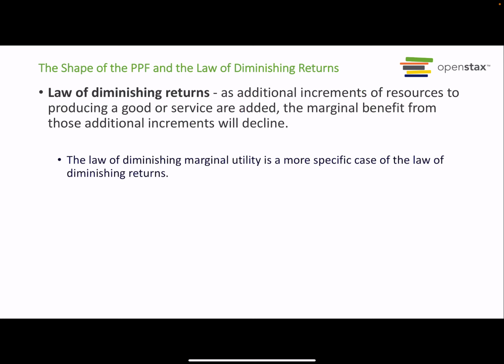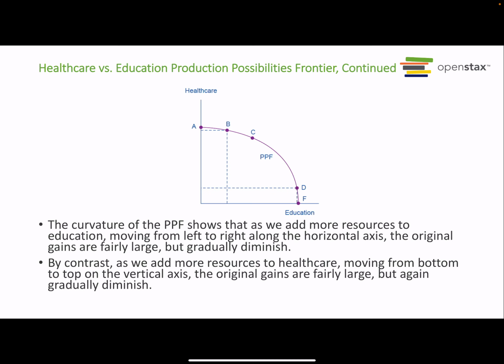Okay. And so again, the law of diminishing marginal utility was just a specific example of this law of diminishing returns. So again, the fact that the PPF is curved is showing as we add more resources to education, the gains are going to be large, but will eventually diminish.